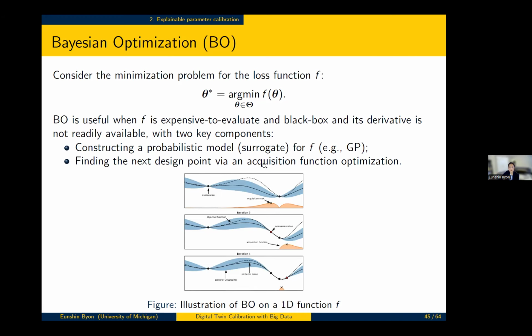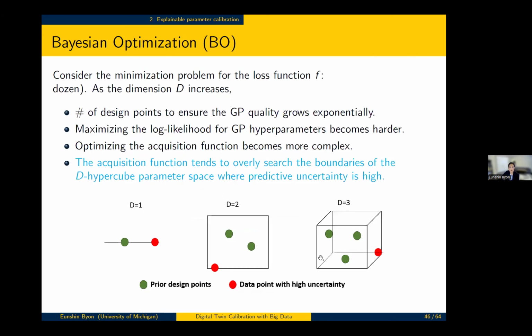And this acquisition function considers the uncertainty of the estimation. So usually you choose the design point where the uncertainty is high, and also where the predicted response is low, because our objective function is a minimization function. Okay.